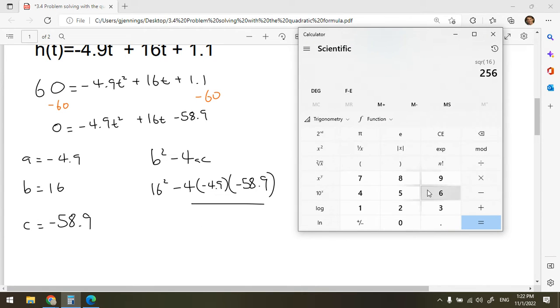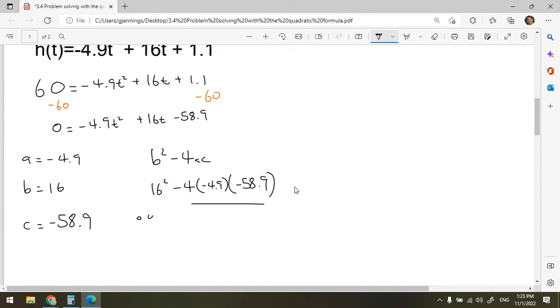16 squared is indeed 256 minus bracket 4 times 4.9, but it's negative, times 58.9, but it's negative, and the bracket equals a negative number, big time negative.